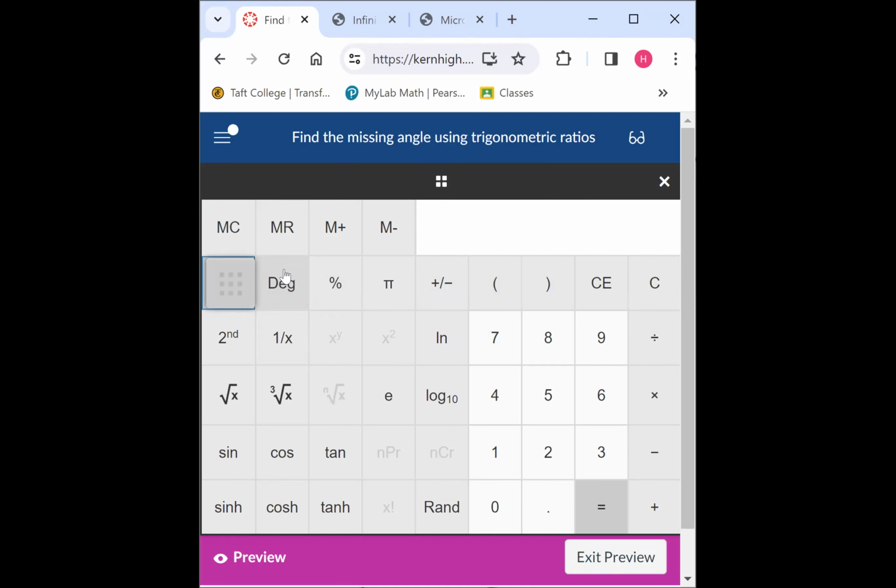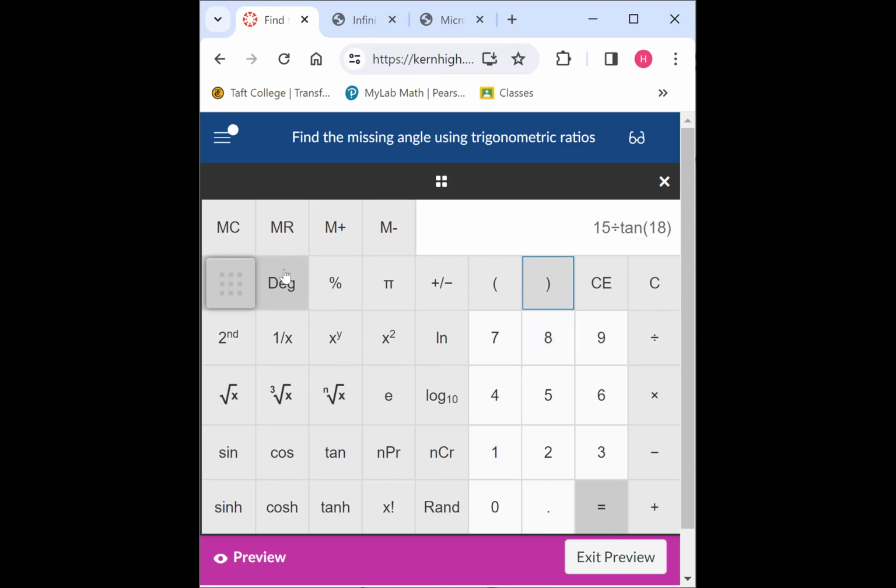I remember my question was 15 divided by tangent of 18. So I'm going to write that. I'm literally going to go 15 divided by tangent. Now notice when I press tangent, it opens up parentheses. Okay. So I'm going to write tangent of 18 and then close parentheses.